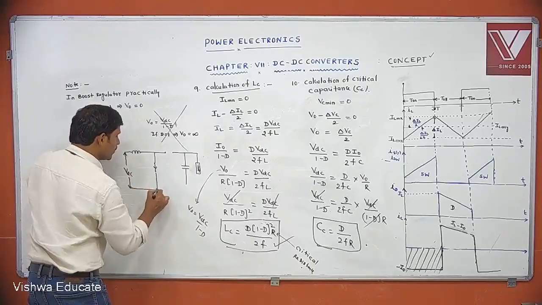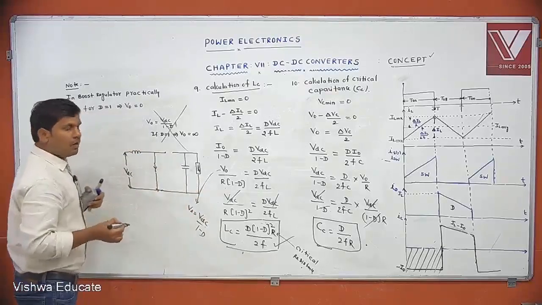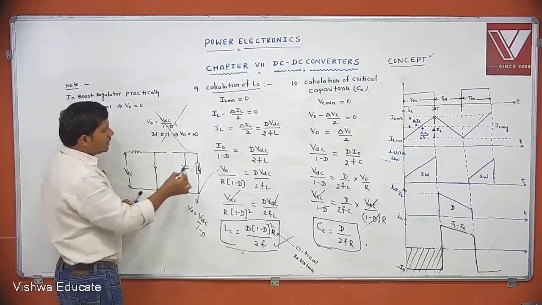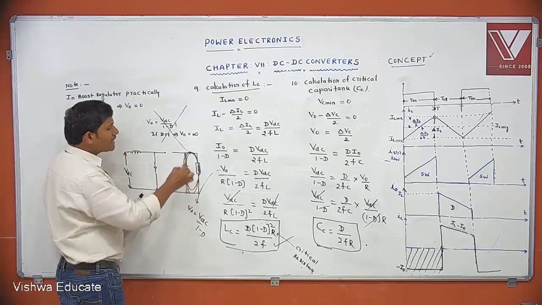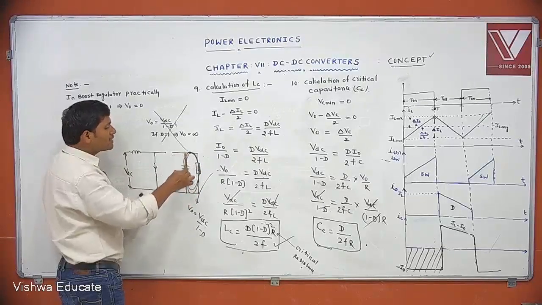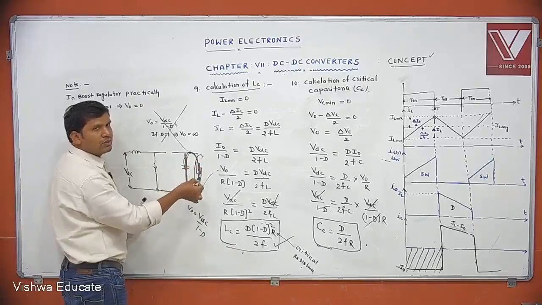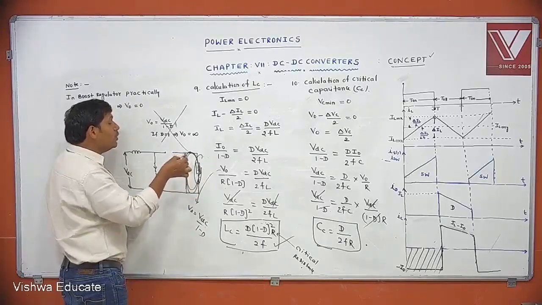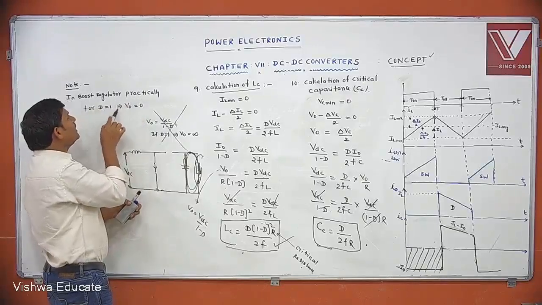During the switch on state, the capacitor is supplying the current to the load. That means the capacitor acts as a short circuit. When the capacitor acts as a short circuit, what is the voltage across the load? 0.